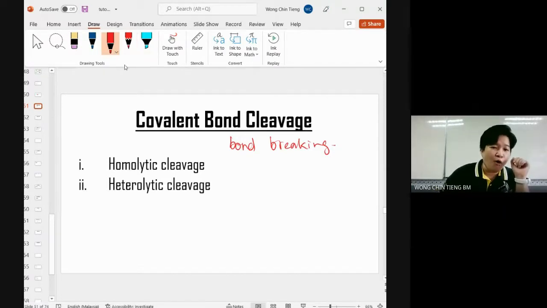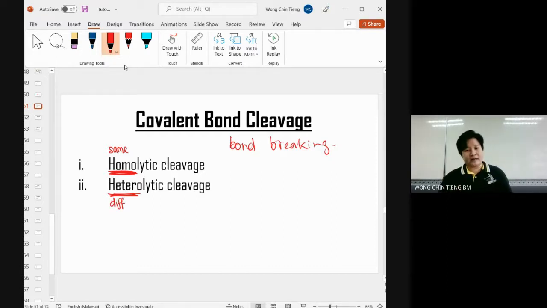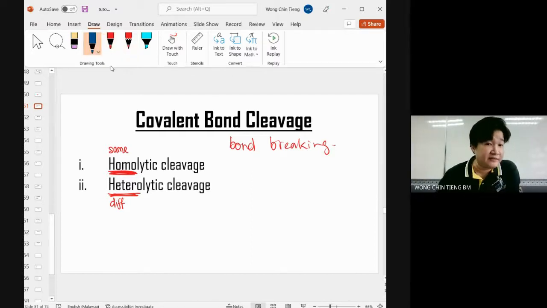Ni rasa mahal dia. We have two type of bond cleavage. One is homolytic. Sama. One is heterolytic, different. So the question over here, apa yang sama, apa yang different? The things that are the same and things that are different over here that we are going to talk about is electronegativity.